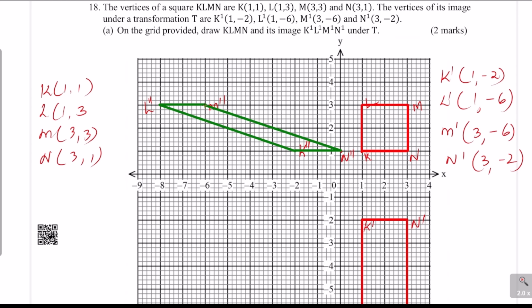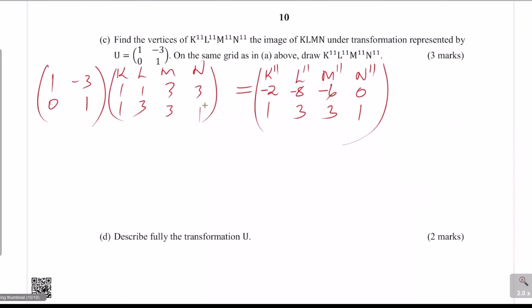So we've done that part. We are through with plotting, so we've drawn it. From there we are supposed to describe that transformation fully.